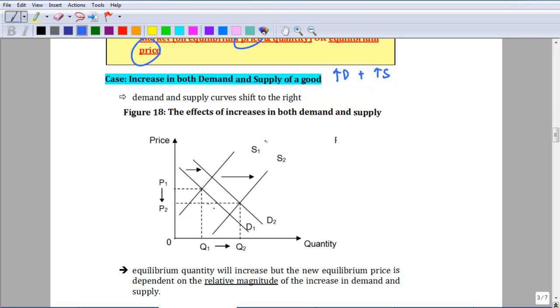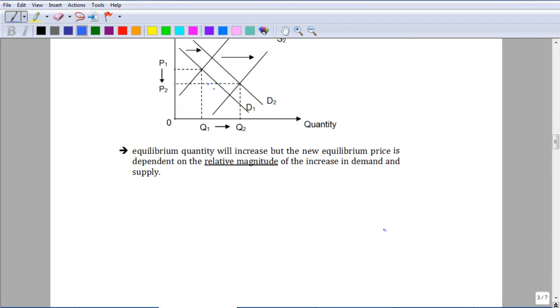When we look at the relative magnitude of the increase in demand and supply of the good, we are actually looking at the extent to which demand and supply curves shift with respect to each other. What do I mean by that?